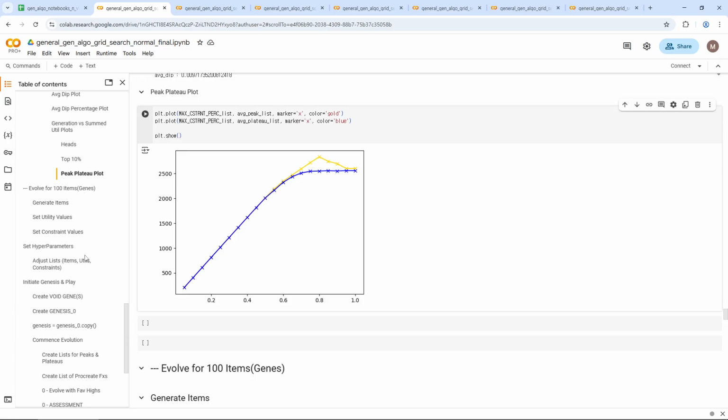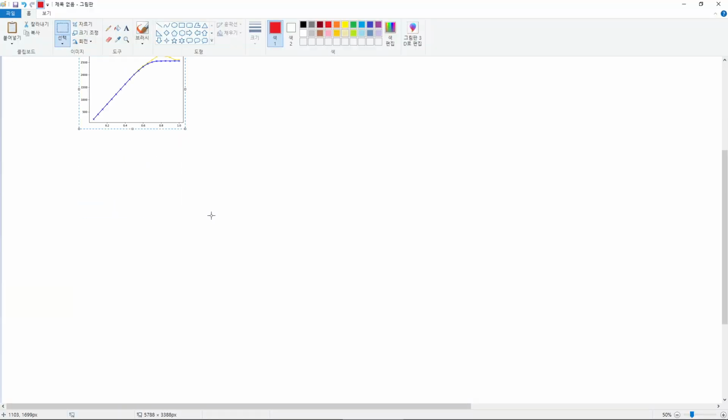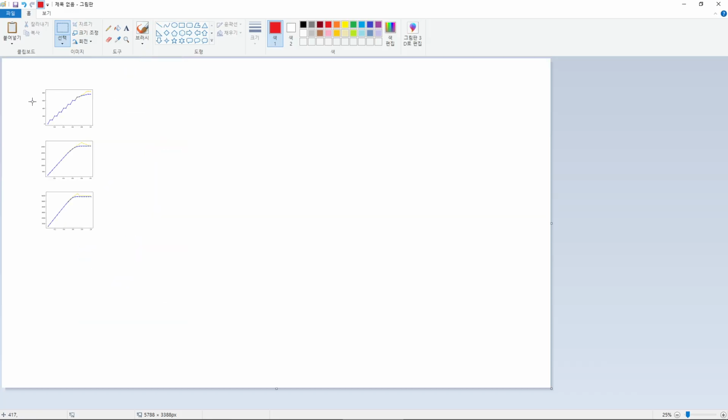This is 40 items. This is 100 items. So these are 10 items.